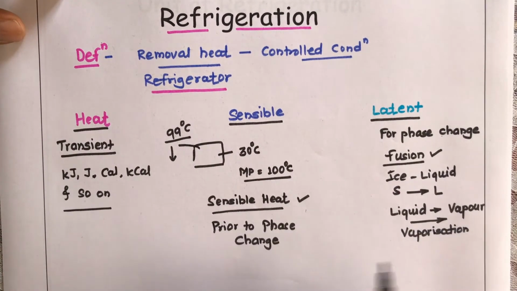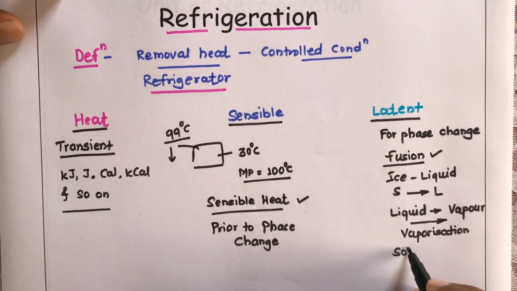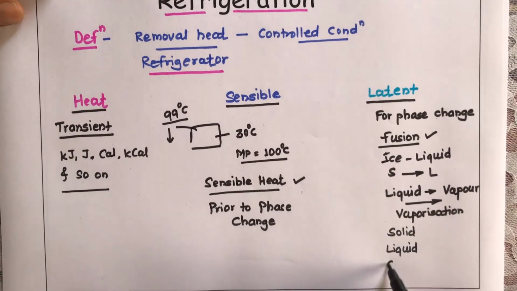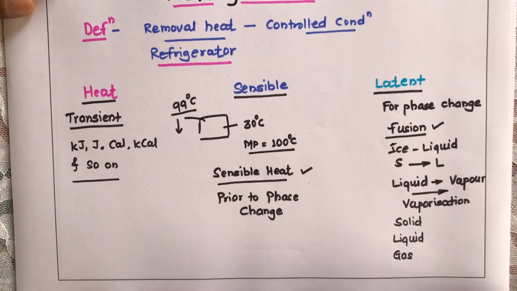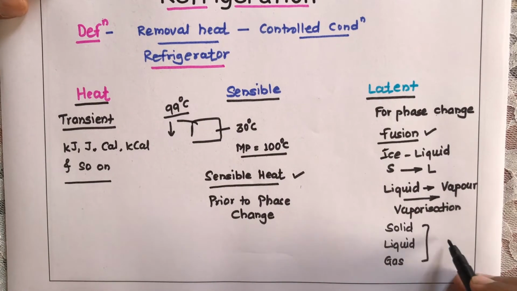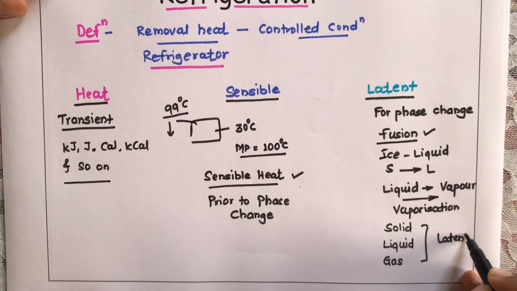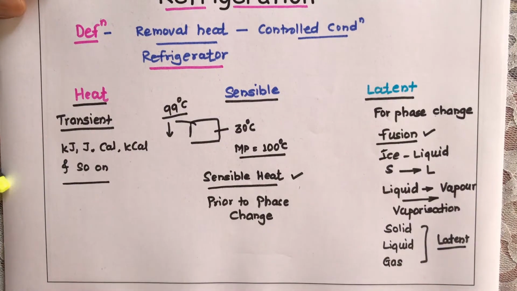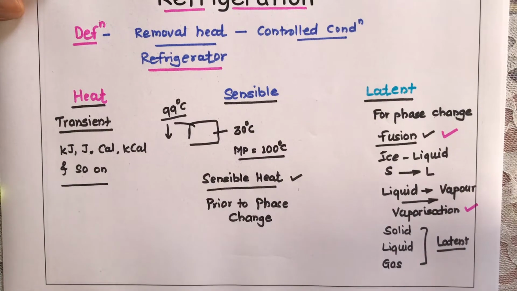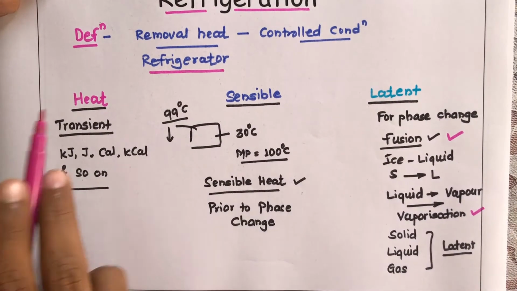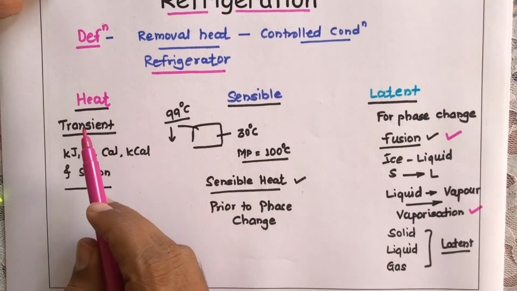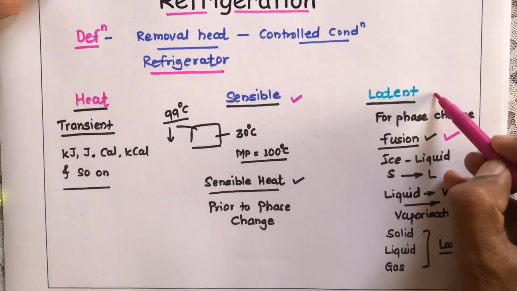If you take any pure substance, in solid, liquid or gas condition, in order to have its phase change some amount of heat is required, and that heat is called latent heat, which might be latent heat of fusion or latent heat of vaporization. Now you might be clear with the definition of refrigeration, followed by heat, sensible heat and latent heat.